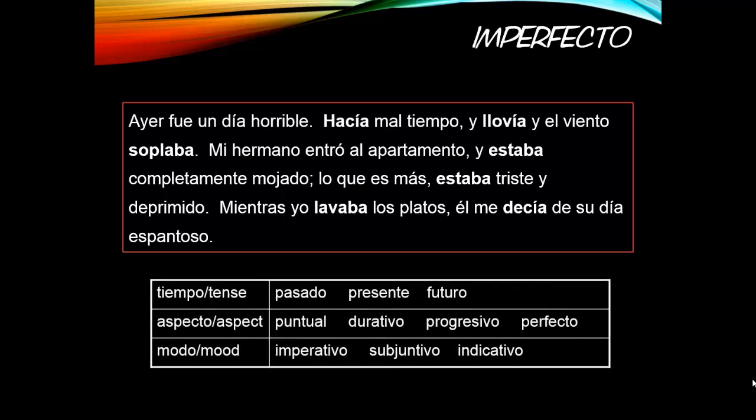So, when we analyze what the imperfect does, we see that it obviously talks about the past, but it has a durative quality. It talks about actions that simply exist and not necessarily at a particular time. And for reasons that we'll talk about later, we know that this is indicative. Next step, how to use both the preterite and the imperfect together to tell a story.